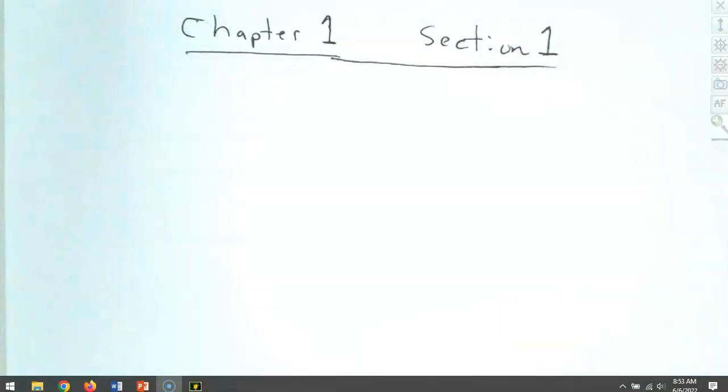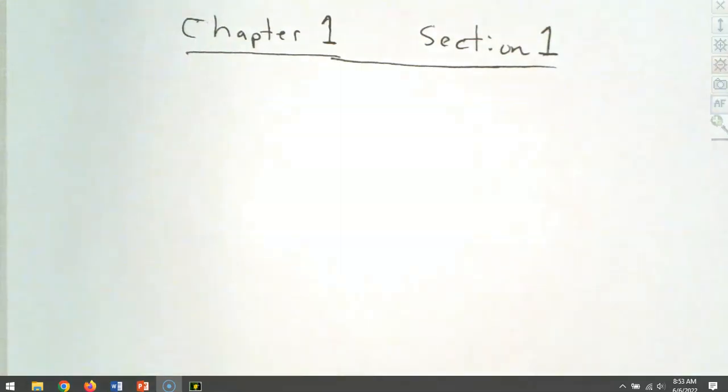This section should mostly be reviewed. In this section, we're going to be looking at equations, and we're going to compare those to expressions. We'll see what the difference is. Then we're going to learn how to solve equations, and then we'll learn about literal equations, and we'll look at a few applications.